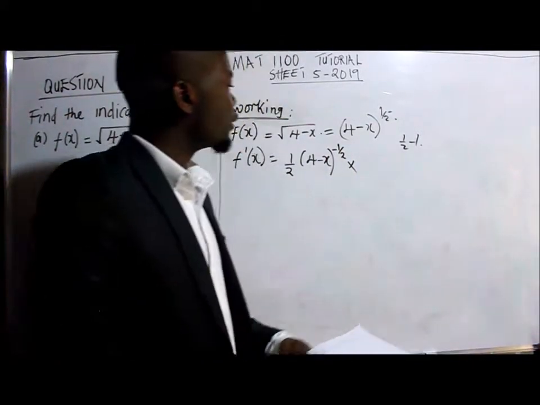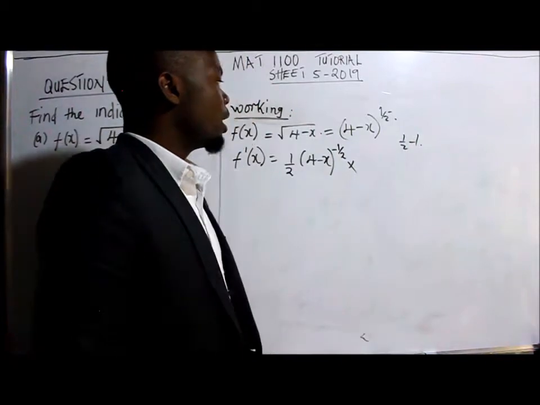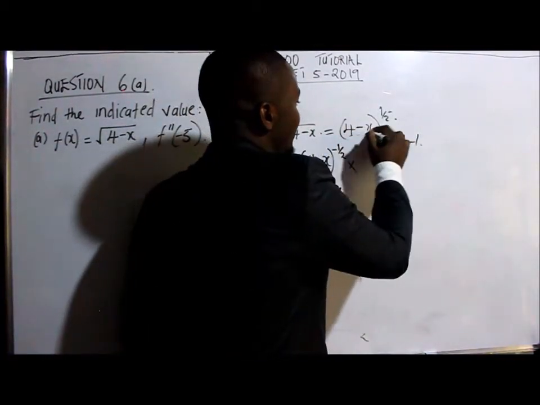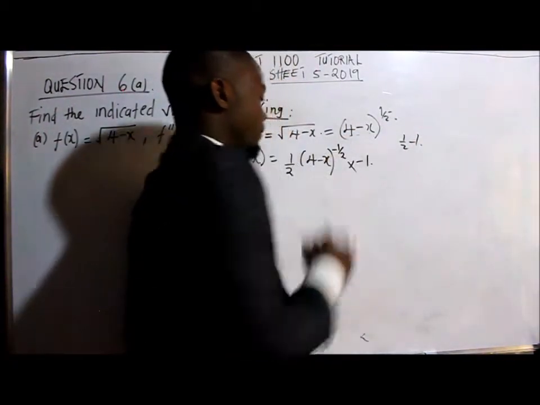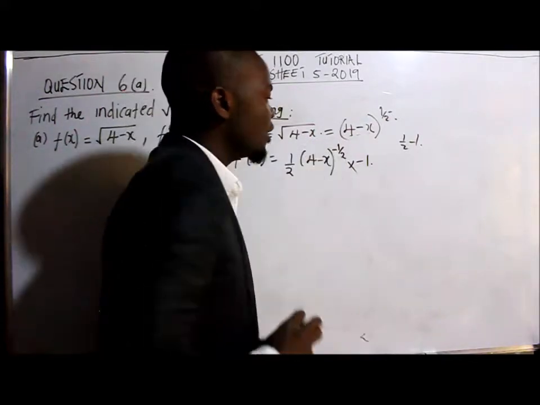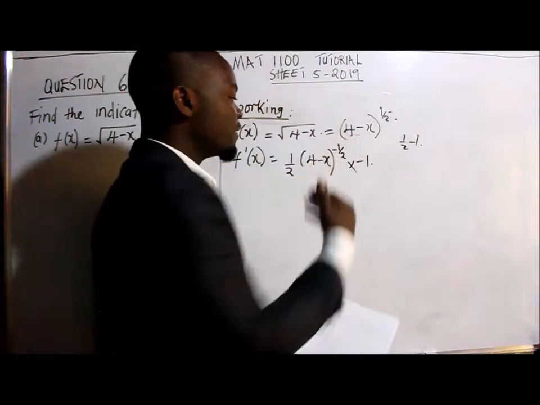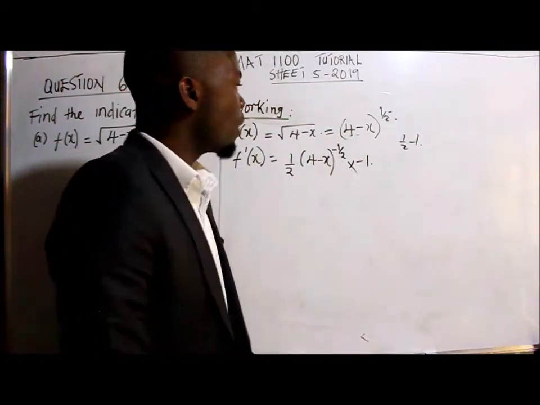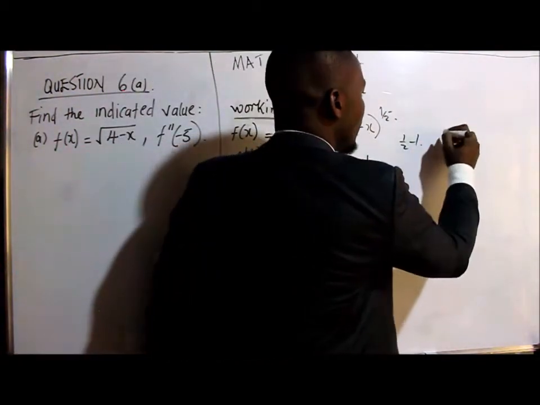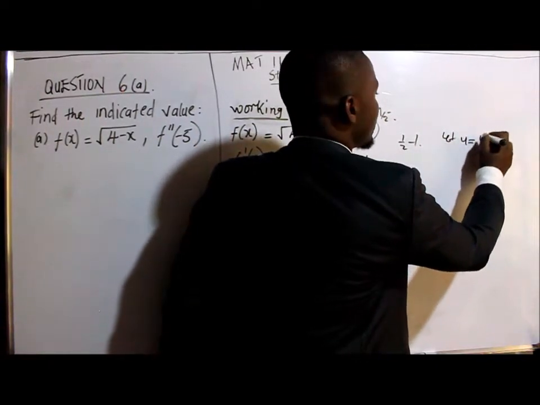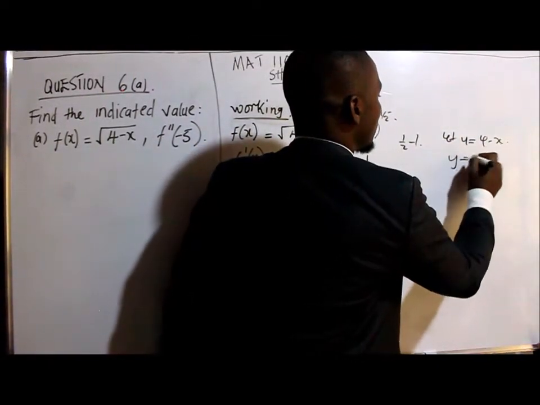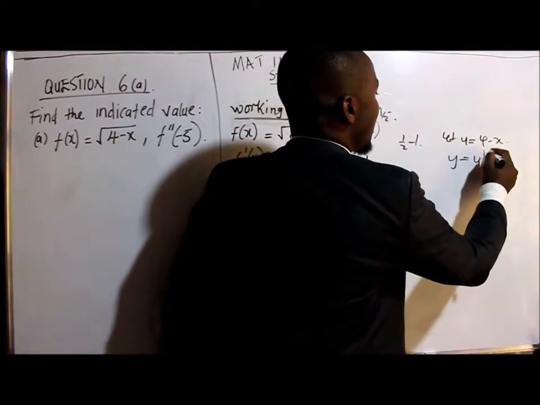We can also differentiate what is inside here. When we differentiate what is inside, we're going to have negative 1. What I've used here is the chain rule, a composite function. You can say, let u be 4 minus x, then y is equal to u to the power half.